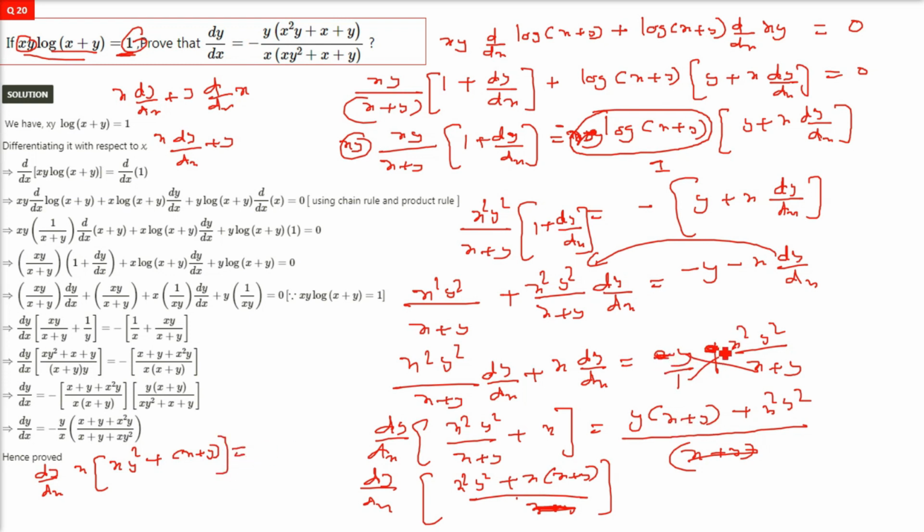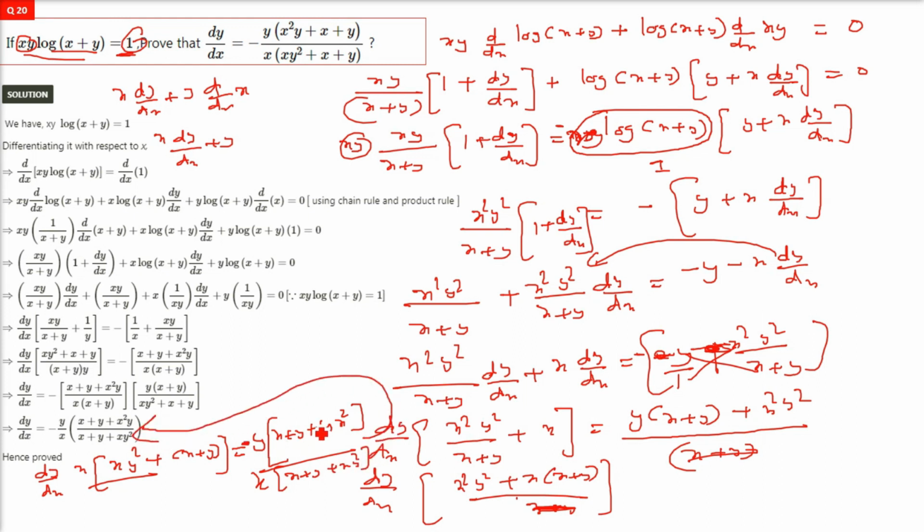Please remember, the minus I just didn't use. Minus will be used just now. Y is outside, I am taking. So we have x plus y plus, and since y already taken common, so y plus x square y, x square. Negative sign now I have written. And right hand side I am bringing it down, x y square plus x plus y. So this is the answer.